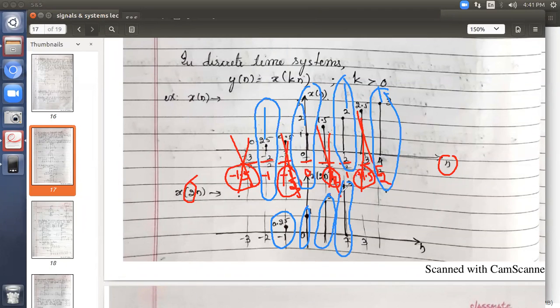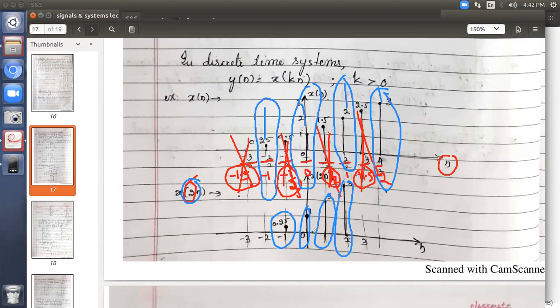So if you compare continuous time scaling with discrete time, discrete seems easier. What you have to do is simply divide by that k value. Whatever fractional values are there, discard them. Only the whole numbers 0, 1, 2, 3, 4, -1, -2, -3 like that.